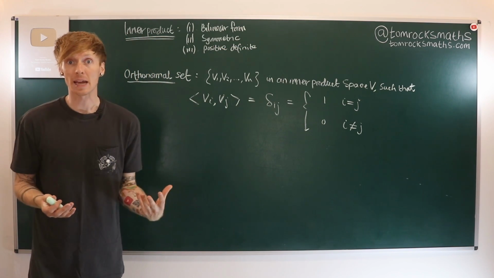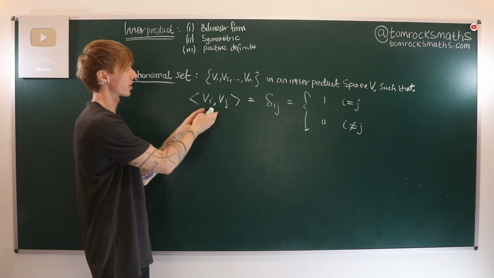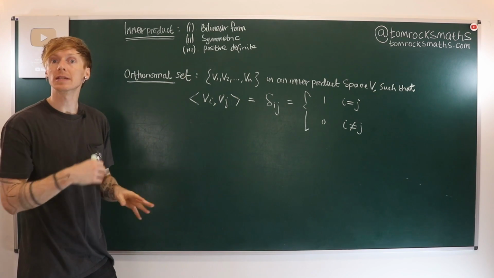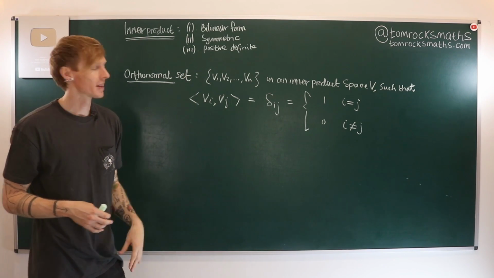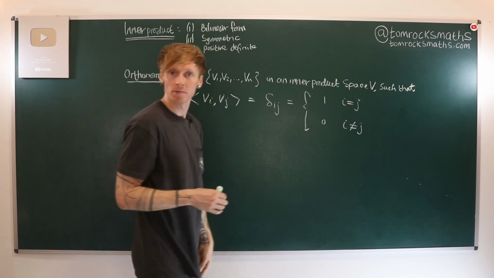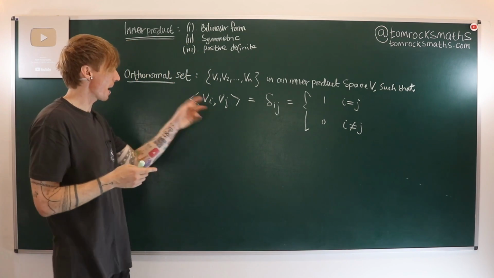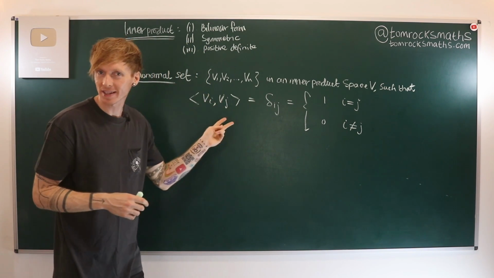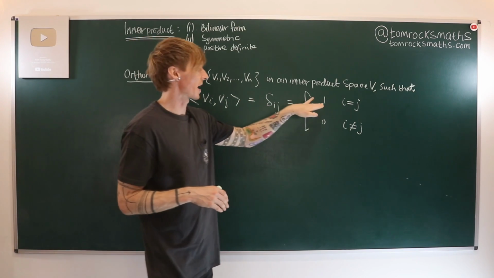So what this is saying is that if you take the inner product between any two vectors in your orthonormal set, then you will get 0 unless they happen to be exactly the same vector, in which case you will just get 1.